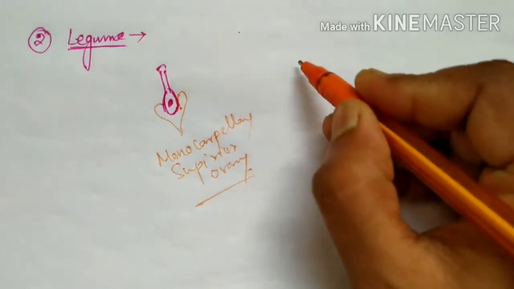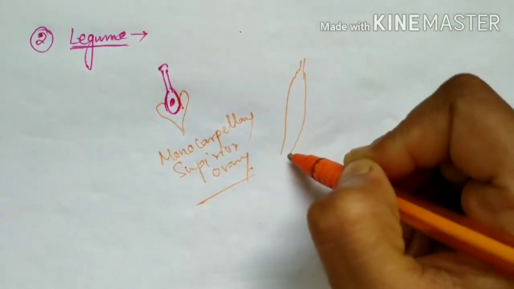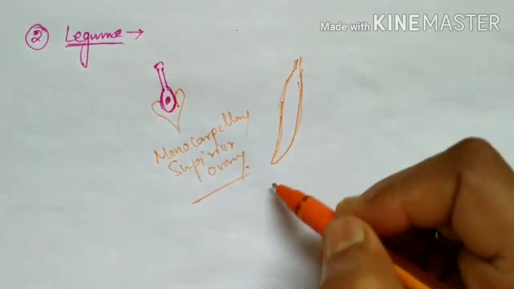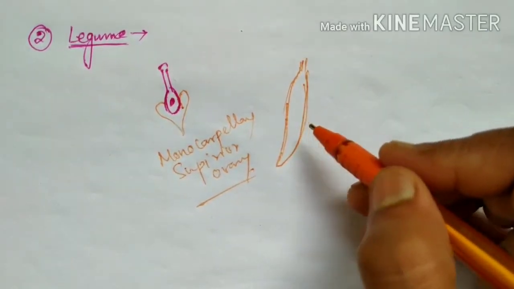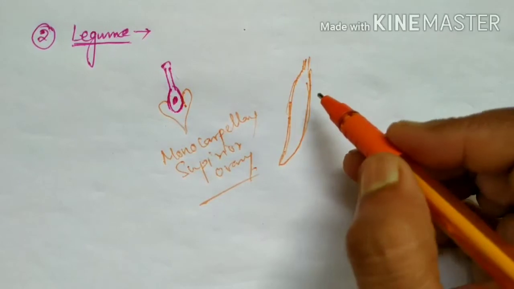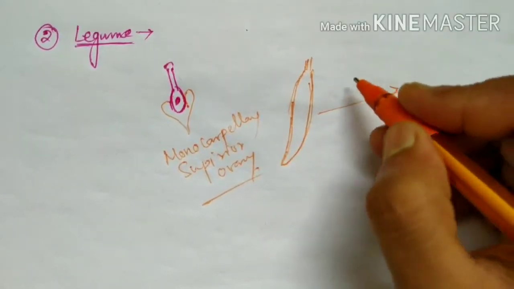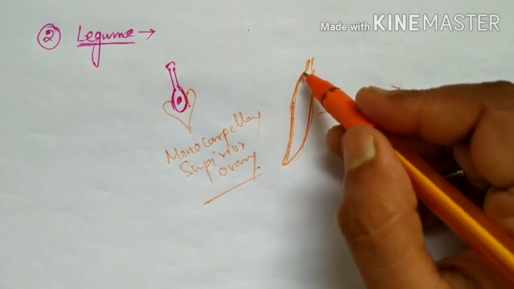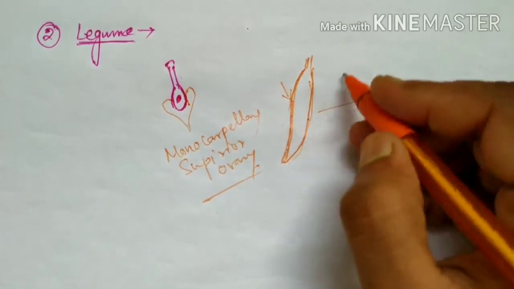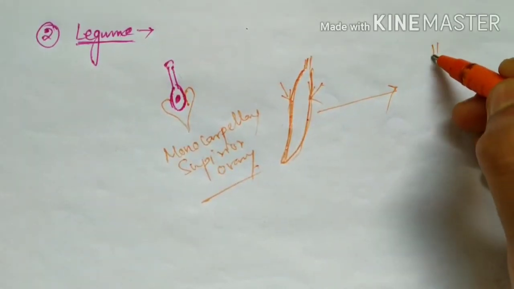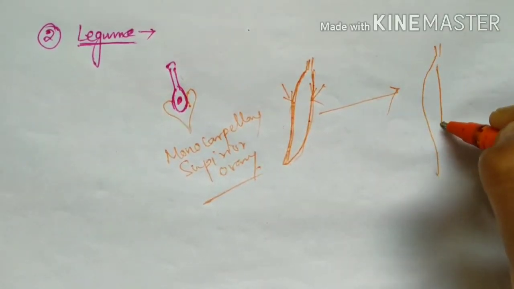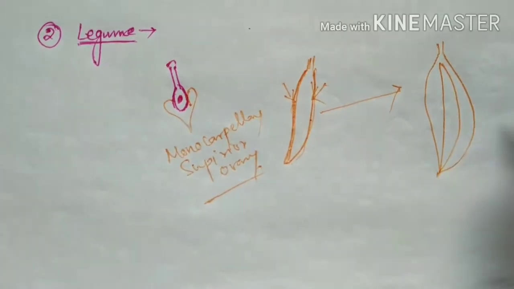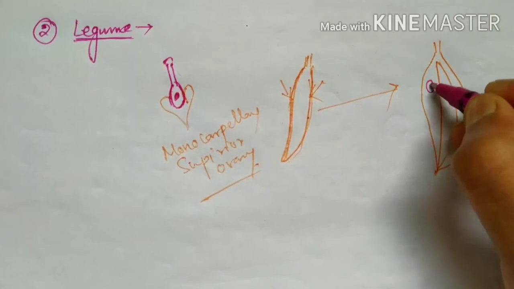We know Pisum sativum is an example of legume. If this is a fruit, after ripening or maturation the fruit dehisces through both the ventral and dorsal portions. The pericarp breaks down through this ventral and dorsal side, and after breaking of the pericarp it looks like this, and here the seeds are present.